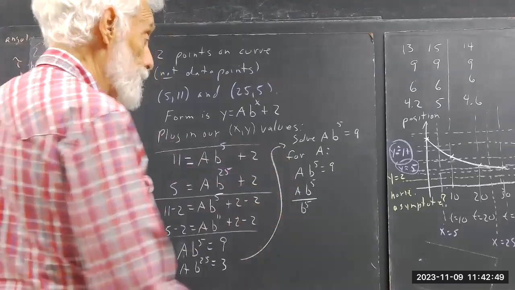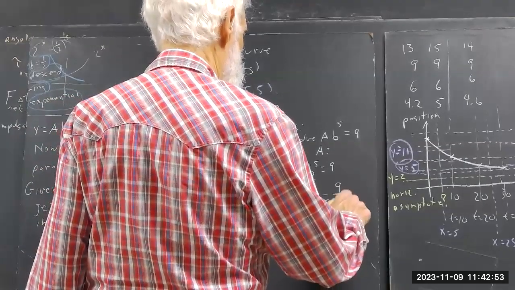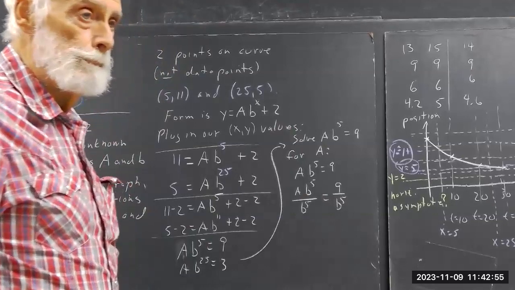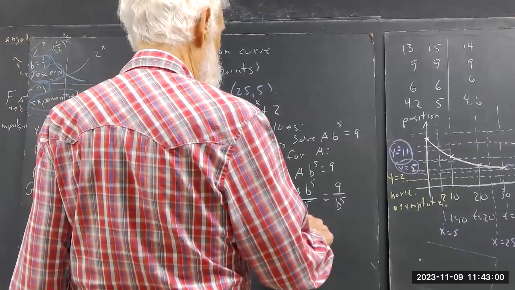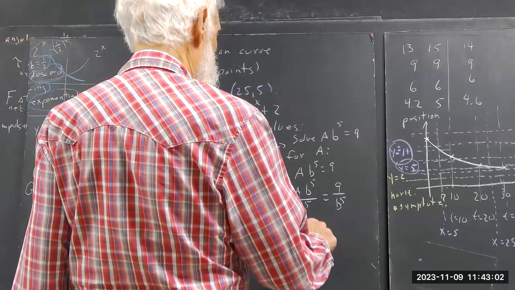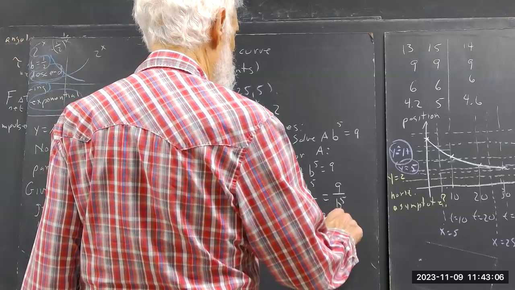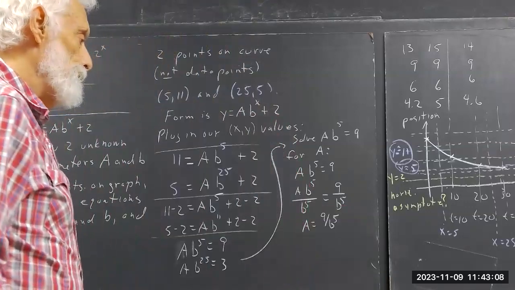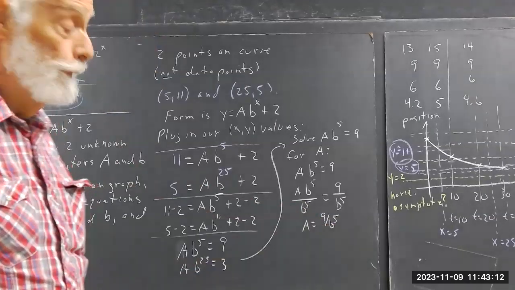Now we did it on this side, so we've got to do it on this side. And now this tells us that a equals 9 over b to the 5th. And now we take this value of a and we plug it into this equation.